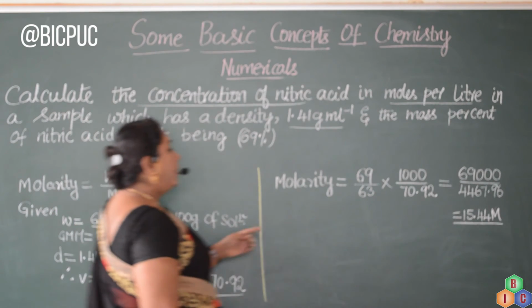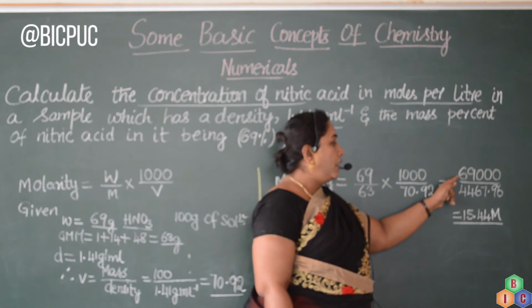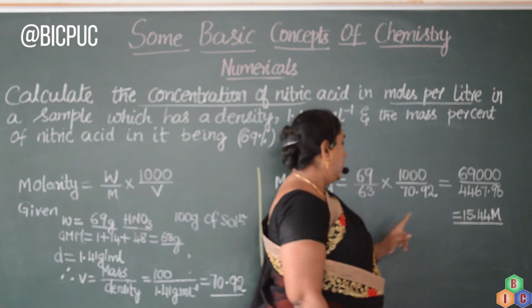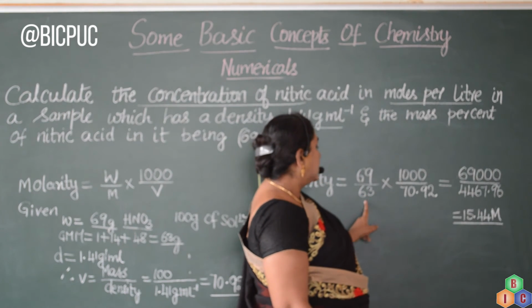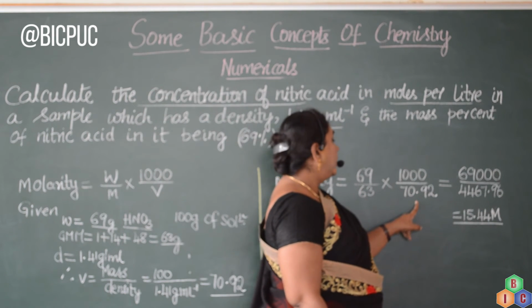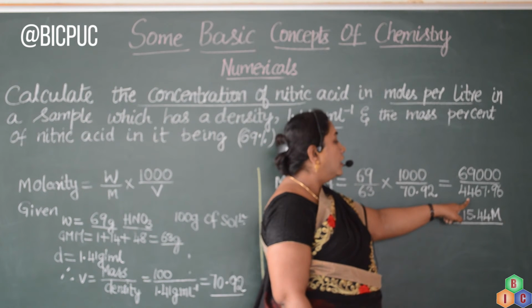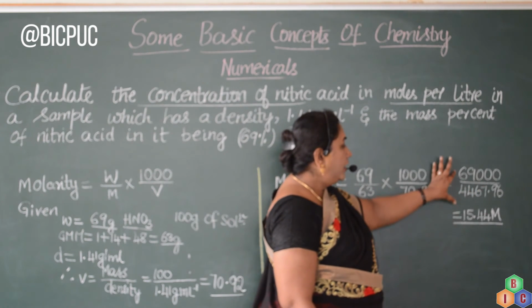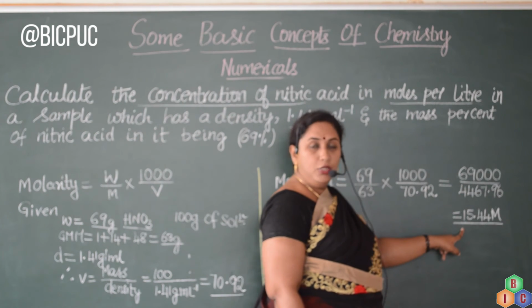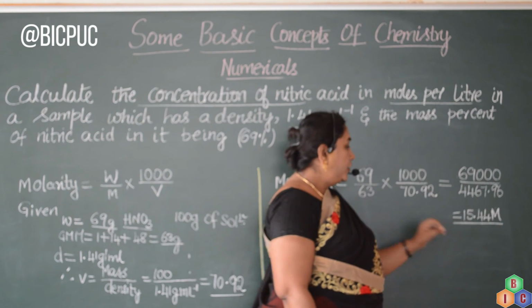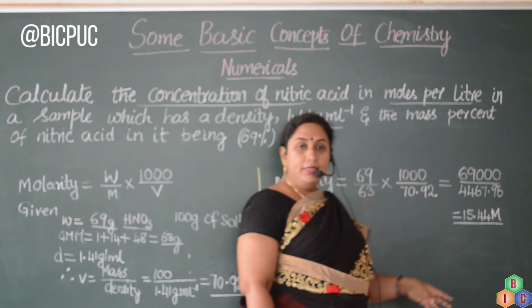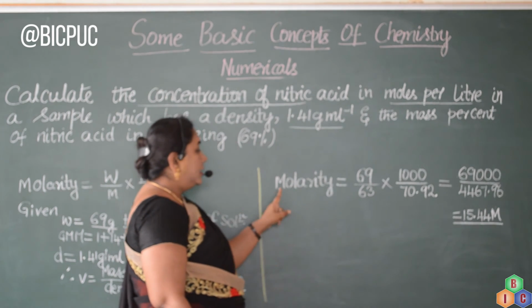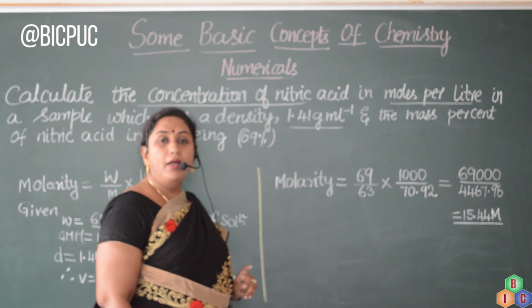So when we multiply 69 into 1000, the value is 69,000, and when we multiply 63 into 70.92, you get the value as 4467.96. When we divide these two, the final value that we are going to get is 15.44 molarity. So the molarity value is 15.44.